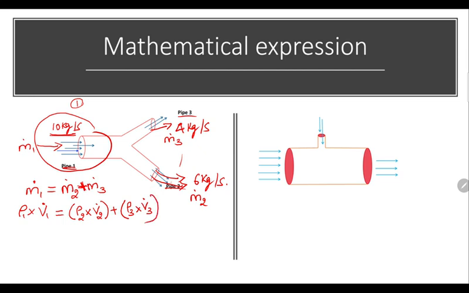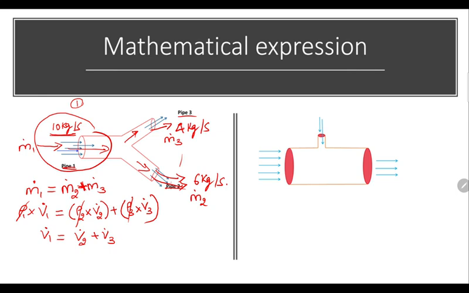But if you think of it, it's just water that's entering and exiting, and the density of water is not going to change from here, here, and here. So we have the next expression as well. V dot 1, the volumetric flow rate in, equals the sum of the volumetric flow rates out. That's it. Do you see how simple this is?